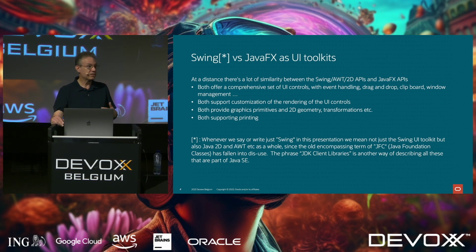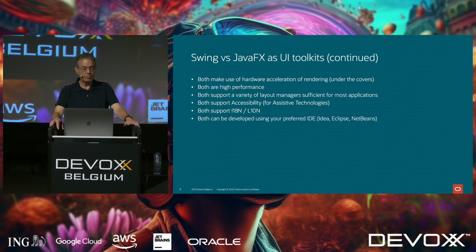They both provide additional graphics primitives. You can draw rectangles or other widgets that you want to do yourself that are not directly UI controls, and they both support printing. They both make use of hardware acceleration under the covers, so they're both high-performance APIs.